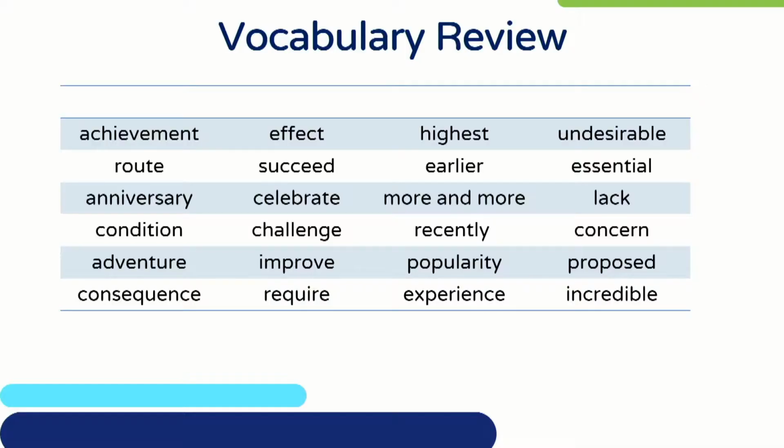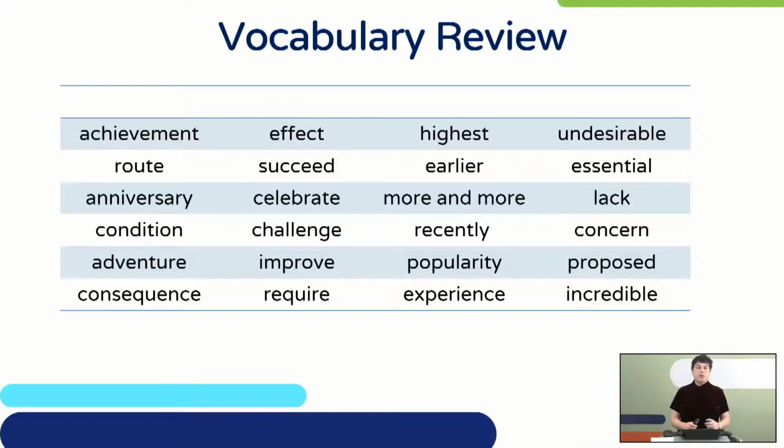Let's review the vocabulary that we've learned in this unit. Achievement is something that you can reach, something you did, something you tried hard and succeeded in doing. The route is the path that they took. In this case, it was the path to reach the top of Mount Everest.